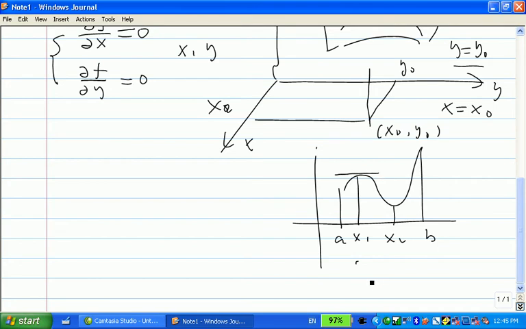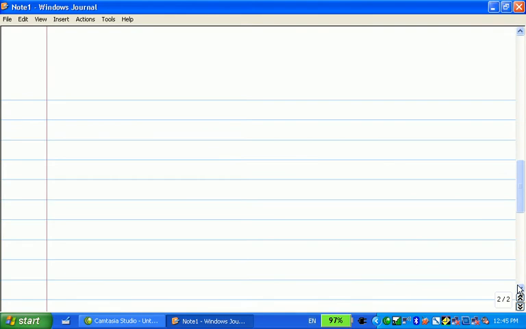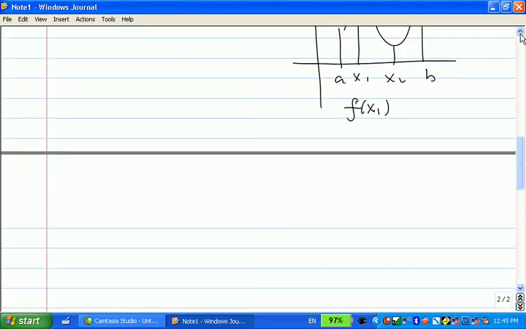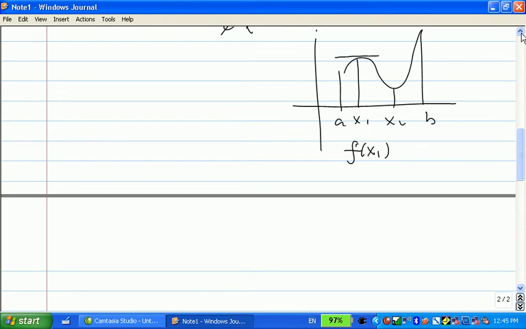If I don't give you a graph, how do you know f(x1) is a maximum or minimum? That's why we have something called the second derivative test. Let's take the second derivative and evaluate at x1.